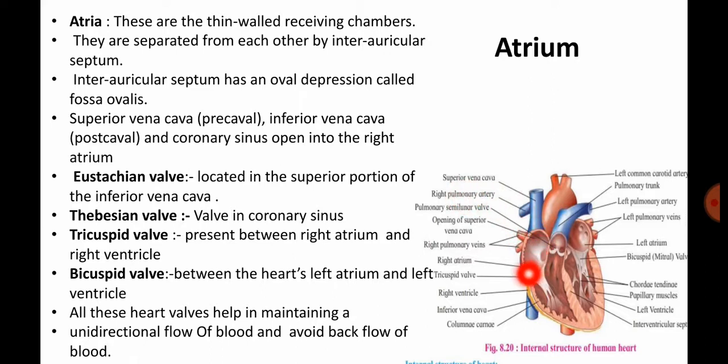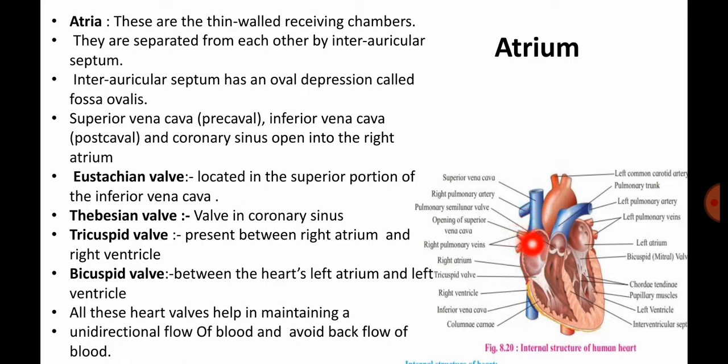And from the lower parts like the legs and hands, from below the heart, all the deoxygenated blood is brought towards the right auricle with the help of the inferior vena cava. And there is a coronary valve here. This coronary sinus brings the deoxygenated blood which is present surrounding the walls of the heart. So these 3 bring the deoxygenated blood into the right atrium.